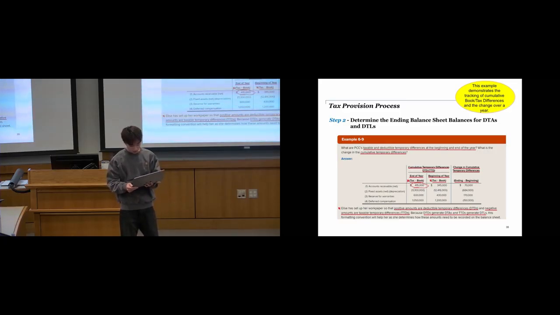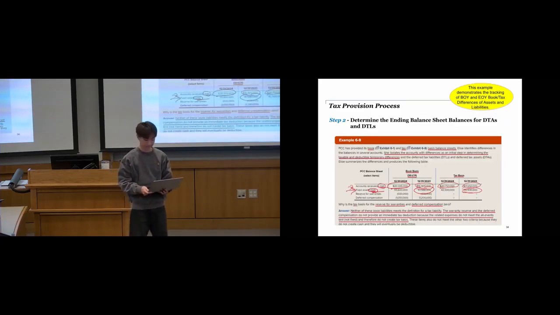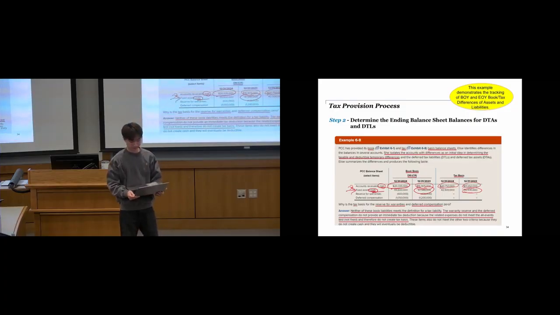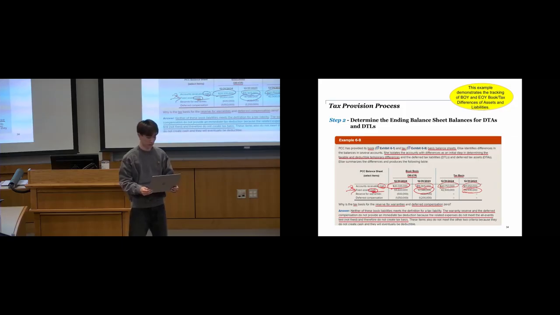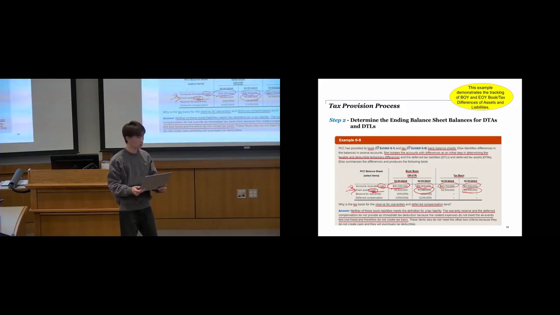For the reserves for warranties, we got 170K. For deferred compensation, we got negative 50. Yeah, and those last two were just the growth from the beginning of the year to the end of the year. So accounting increased the reserve for warranties and the deferred comp. Neither one of those is on the tax basis, so they both grew.